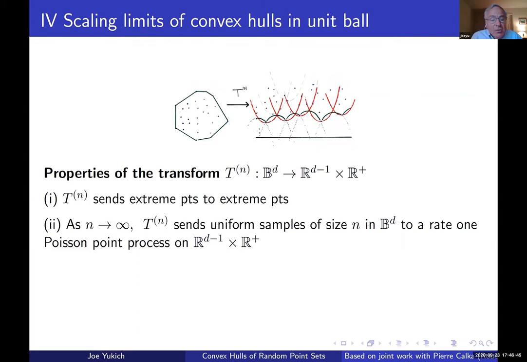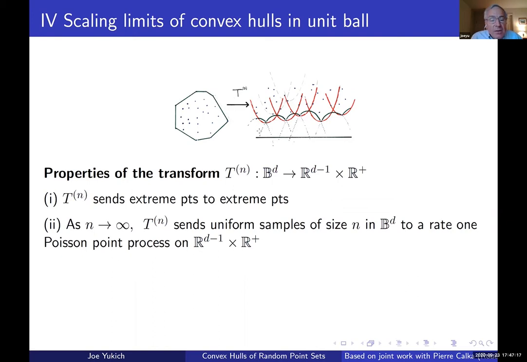I'll just remind you that the Poisson point process in space has the property that in every region it puts down a Poisson number of points, and the Poisson random variable has parameter equal to just the volume of that region if it's a rate 1 Poisson point process. And secondly, the numbers of points that one sees in disjoint regions are independent Poisson random variables.